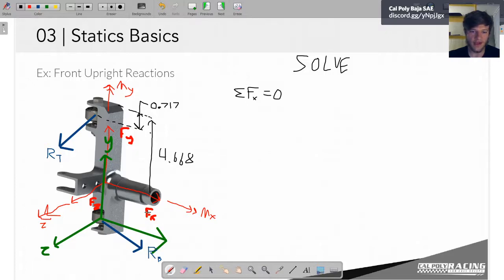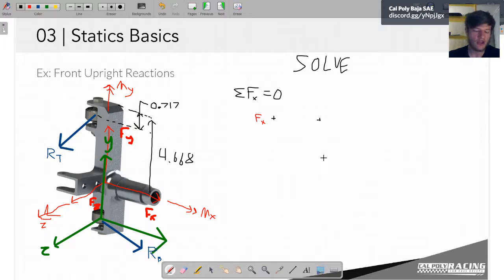So we have Fx here, Fx acting in the positive x. Then we have assumed that Rtx and Rbx are in the positive direction. Remember, I just stated that I assumed they were positive, even though they're drawn in some random direction.